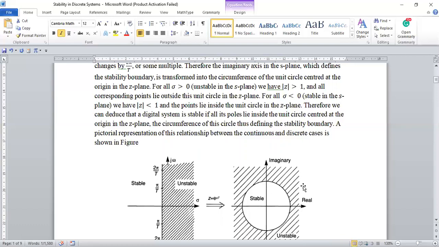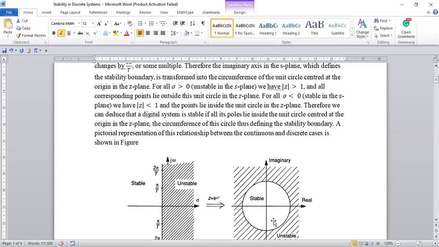So here it is greater than 1, the system is unstable. But if the modulus of z is less than 1, so here we are less than 1, the system is stable. So in the discrete time domain, or in the Z-plane, this particular region of marginal stability is translated into a circle, and the stable region is within this unit circle.